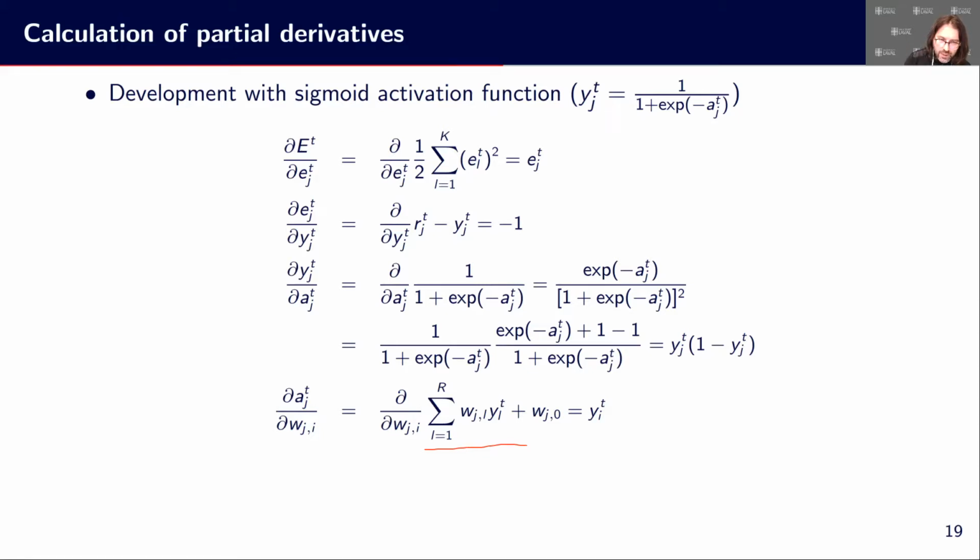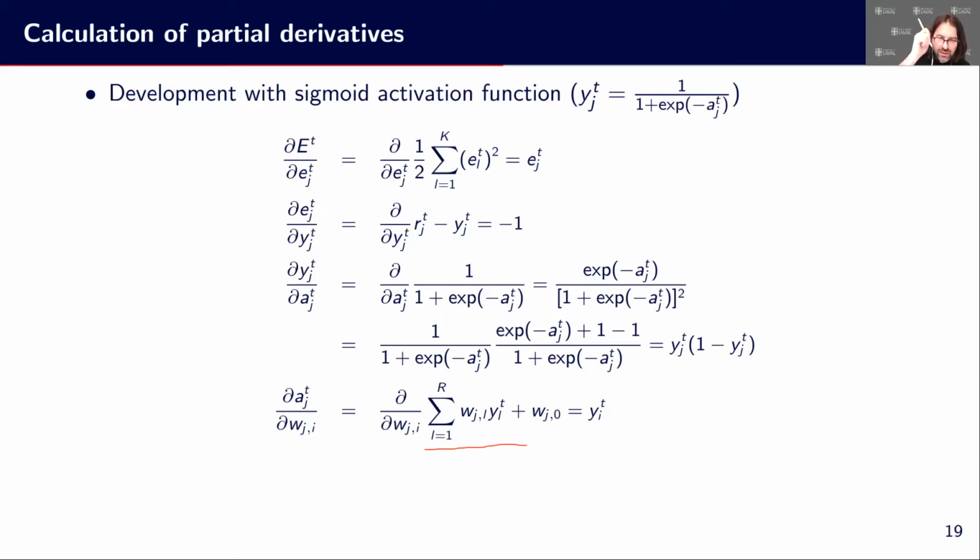And as such, if we go from 1 to R, all these different WJL are not useful except in the case where L is equal to I. So this is only in that case where we have WJI. So this is the case that we care about.